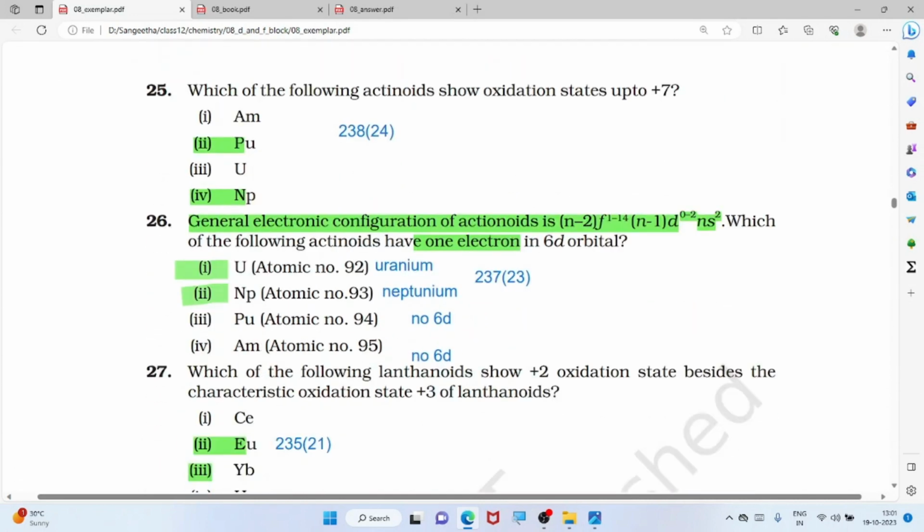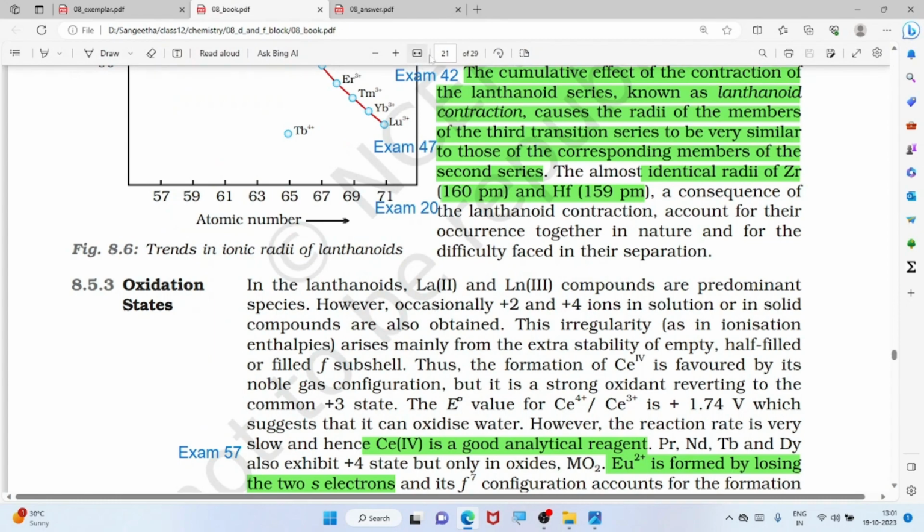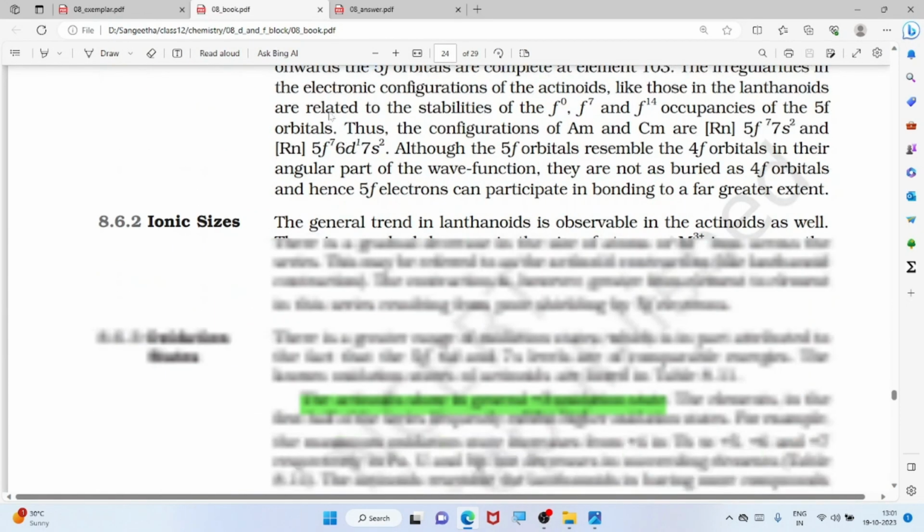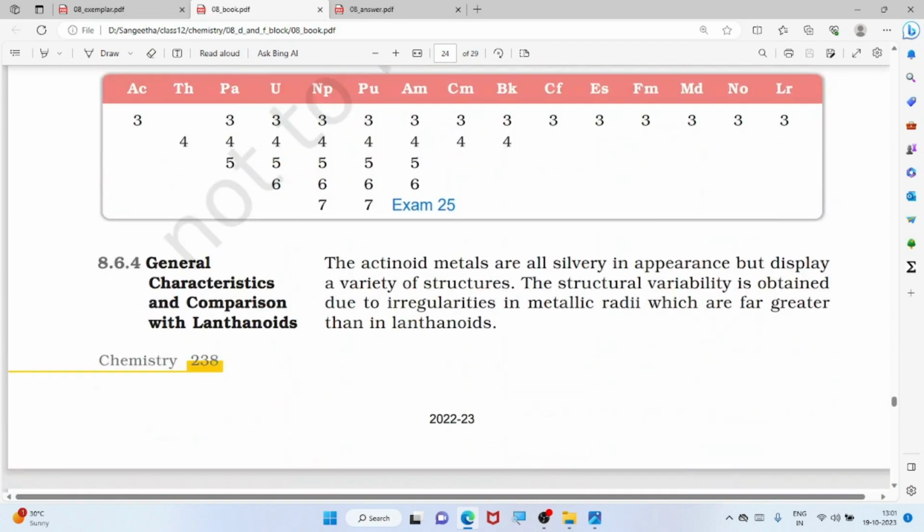Which of the following actinides has the oxidation state of +7? +7 oxidation state. See here, this is having the +7.